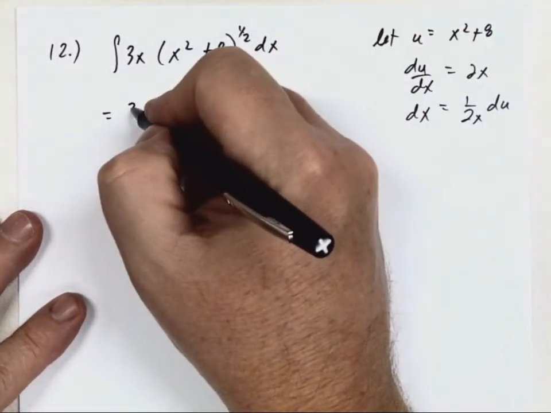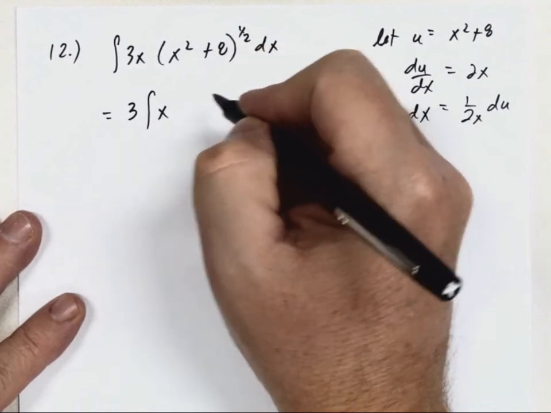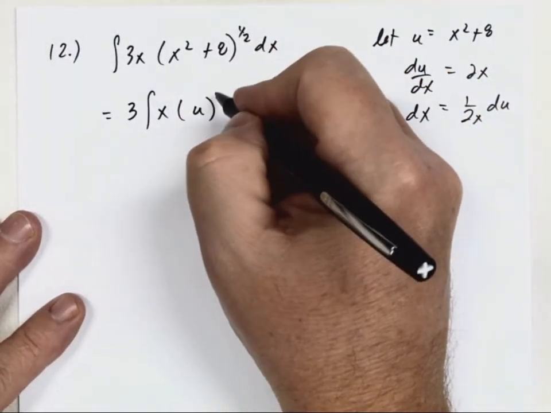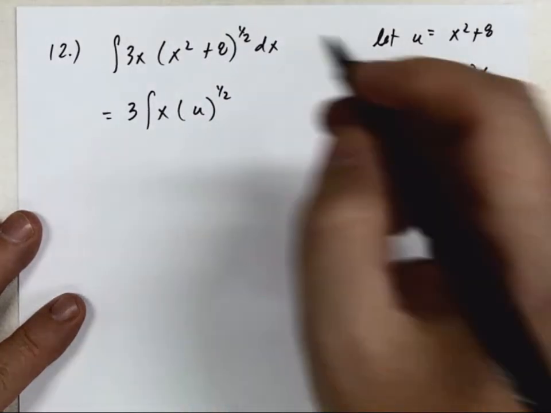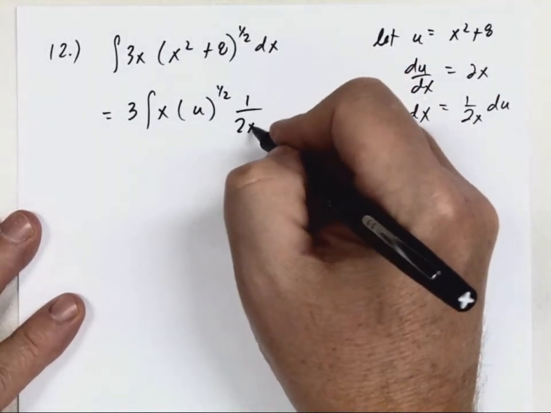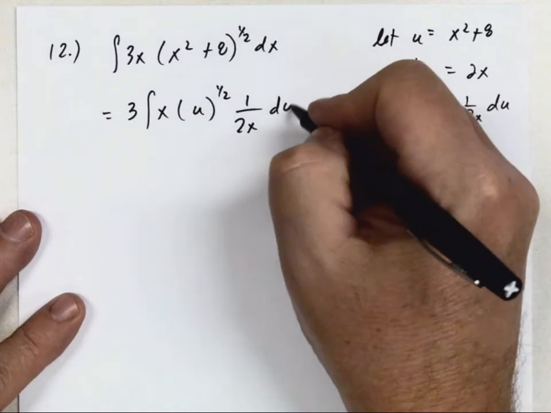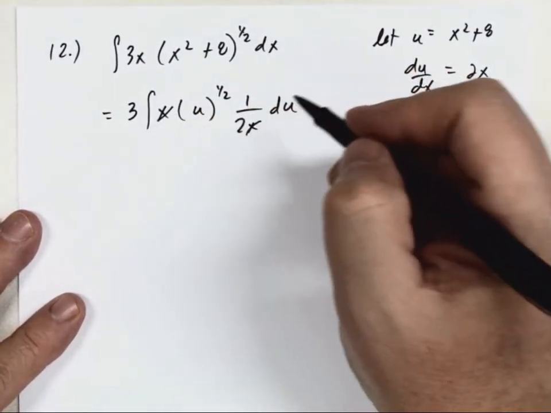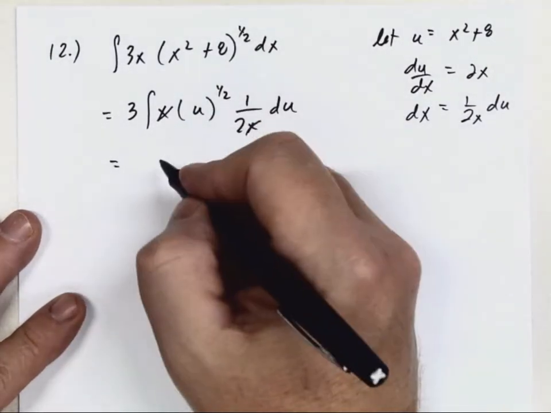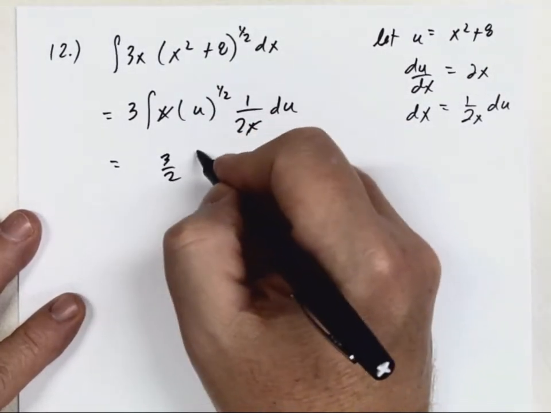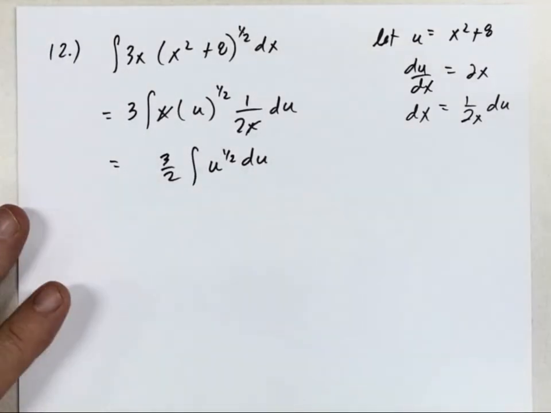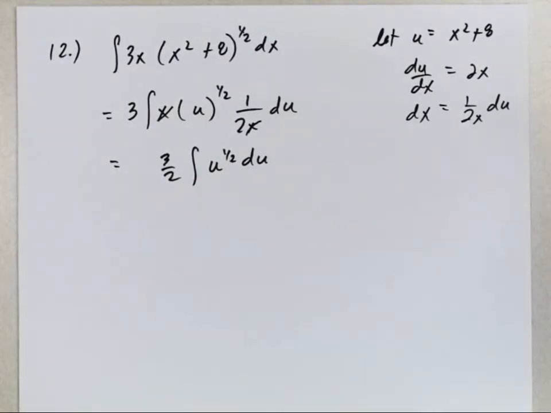3x, move the 3 out. X, I'm sort of stuck with for now. X squared plus 8 is u. Dx is 1 over 2x du. And now I notice x here and x here, so that's good news. Those cancel. And I'm left with 3/2 times the integral of u to the 1/2 du.